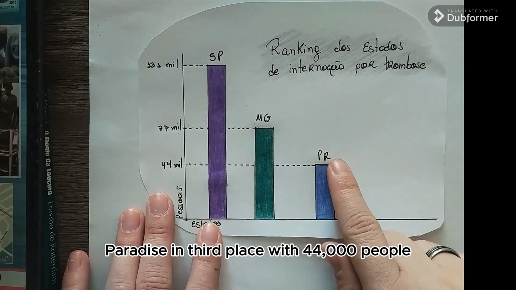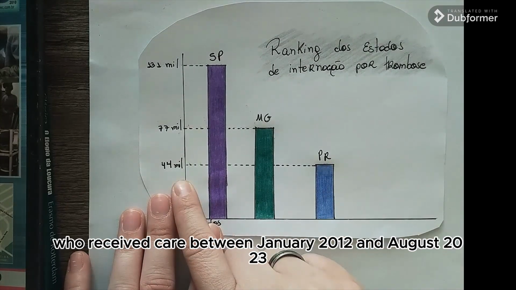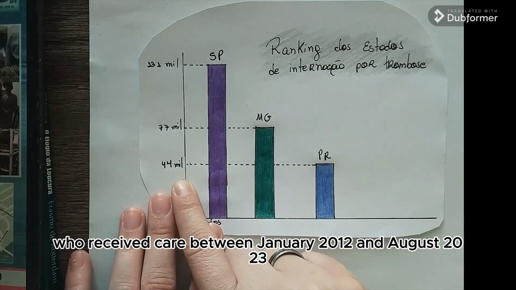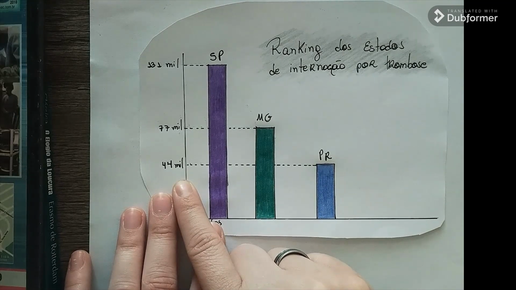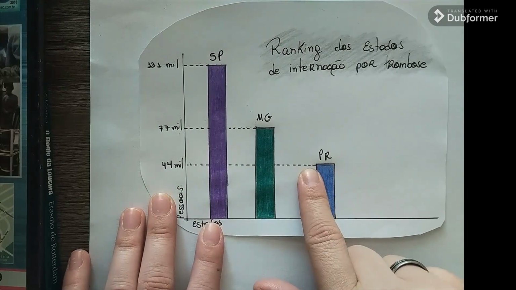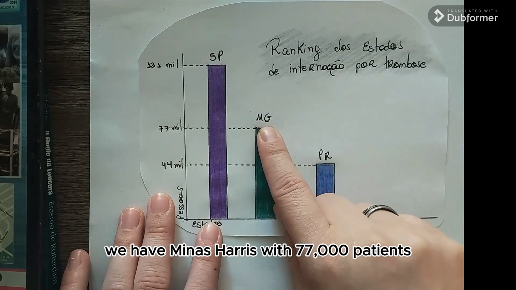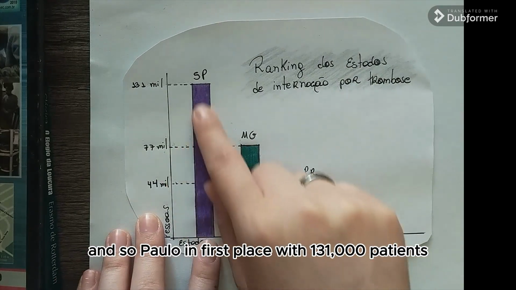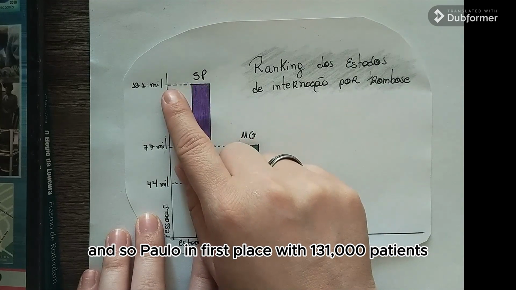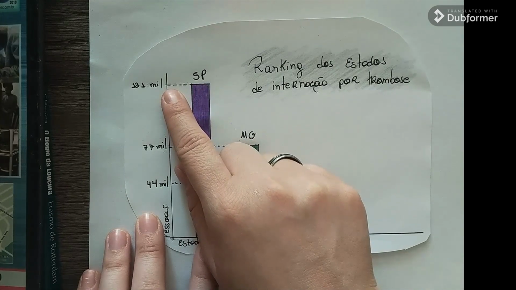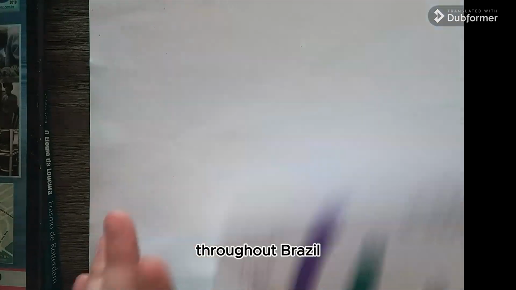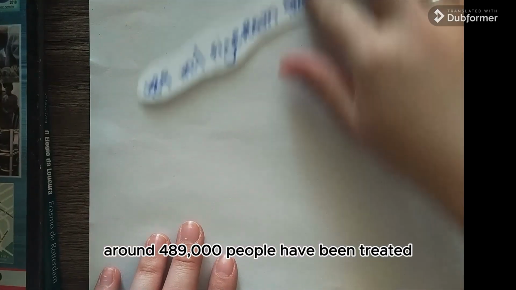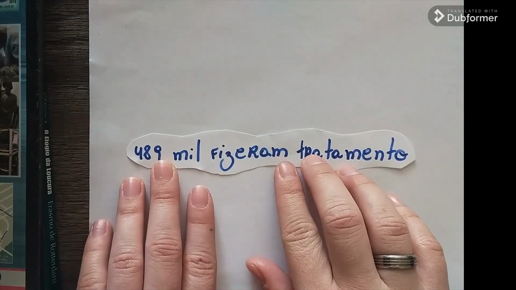Paraná is in third place with 44,000 people who received care between January 2012 and August 2023. In second place, we have Minas Gerais with 77,000 patients, and São Paulo in first place with 131,000 patients. Throughout Brazil, around 489,000 people have been treated.